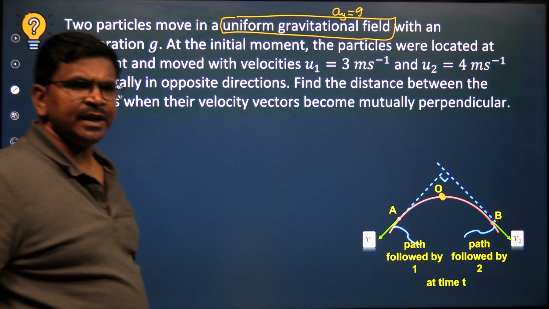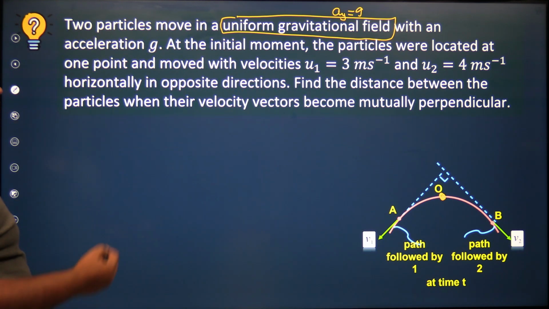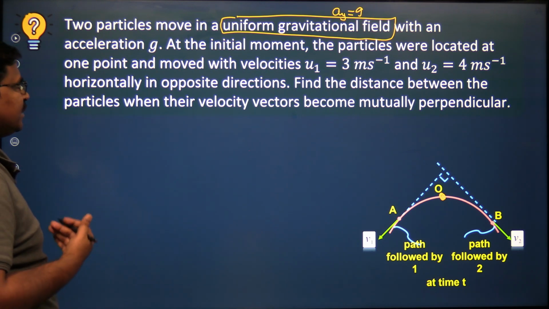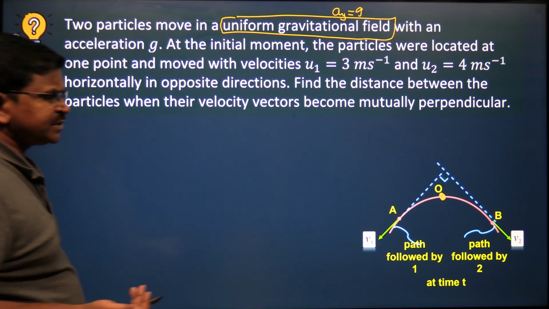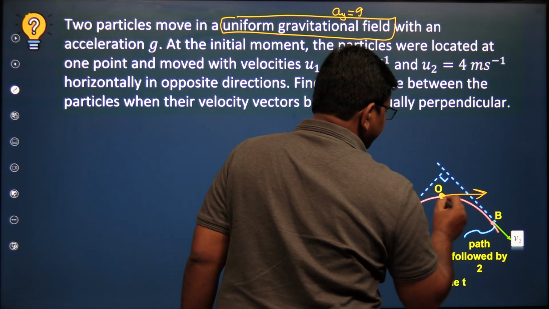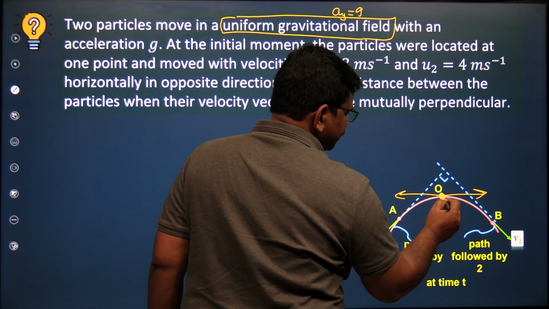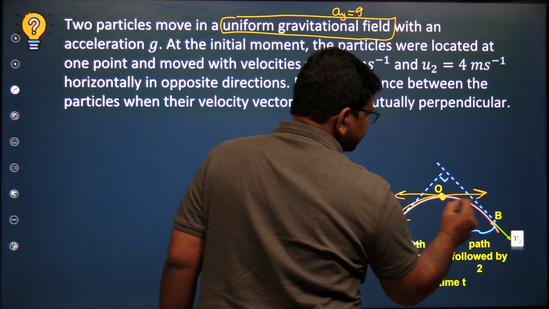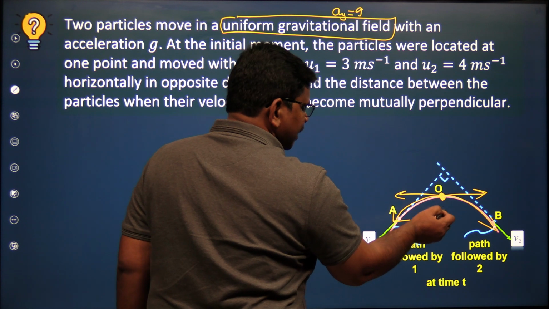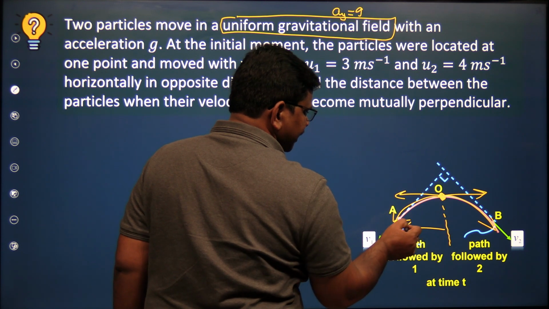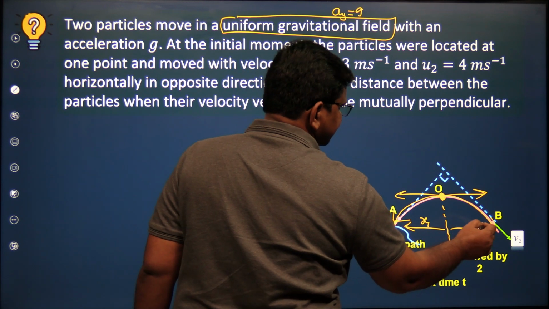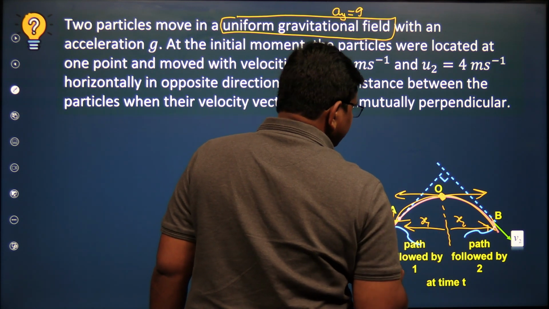And from there, they moved with velocities u1 3 meters per second and u2 4 meters per second horizontally in opposite directions. So one is moving in this direction, another is moving in this direction. Horizontal projectile, and this is also a horizontal projectile. And if you observe, they both are moving in opposite directions. So let us say this is moving in the minus x axis, and this is moving in the plus x axis, let us say.